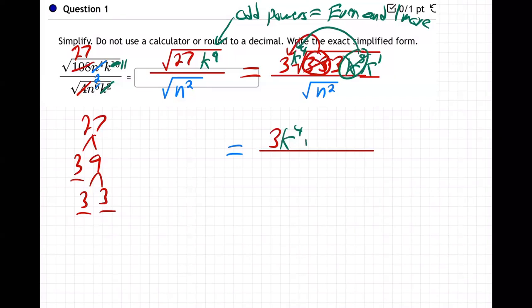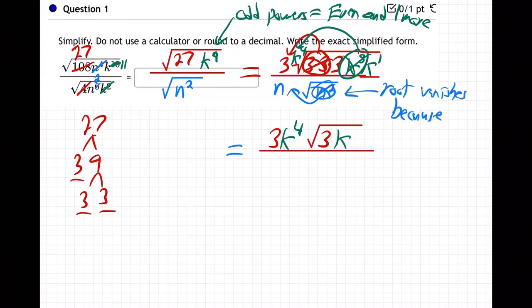And so what are we left with now? Again, we're just left with 3 and k on the inside. On the bottom, n squared sends out a regular n, and it's gone. And the root vanishes because nothing is left inside. So it's plain n.